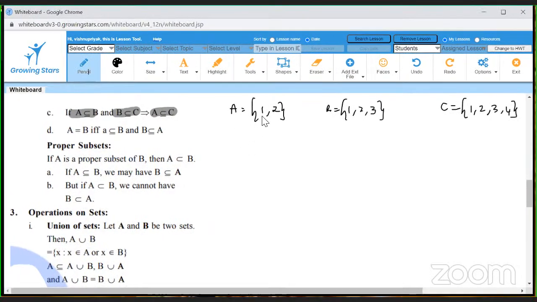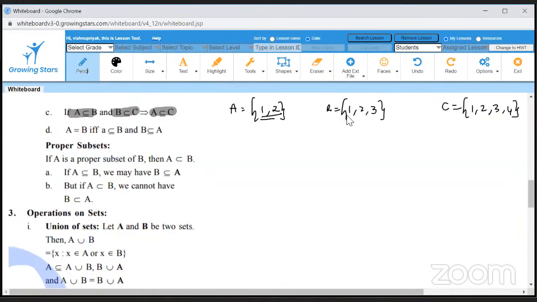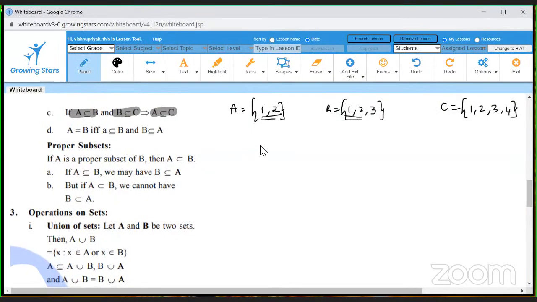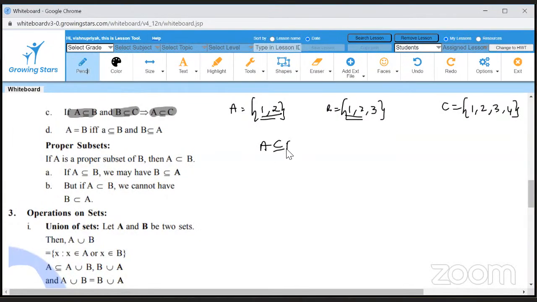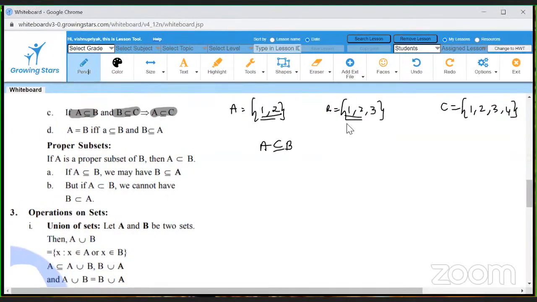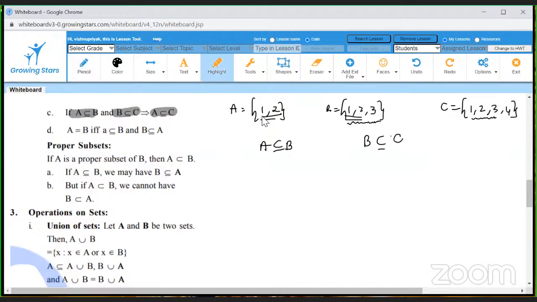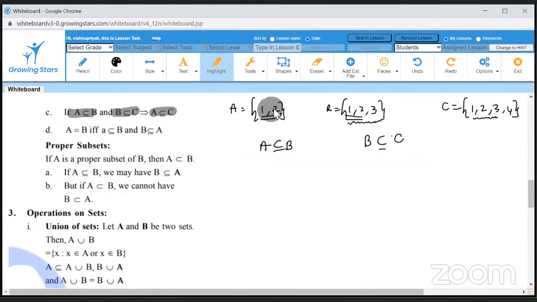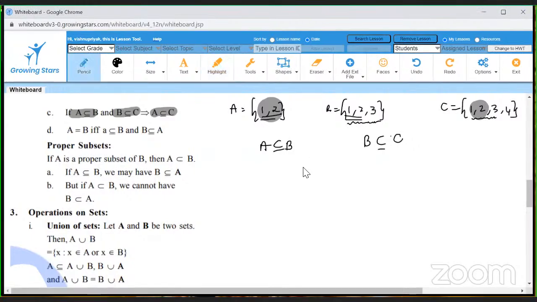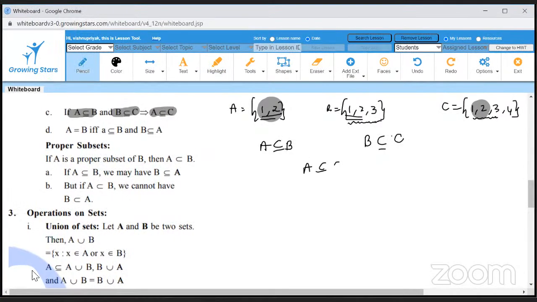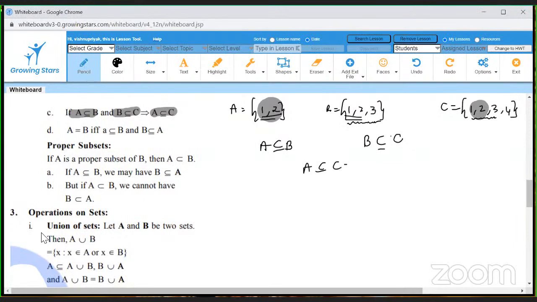All the elements of A are present in B, that's why A is a subset of B. Next, all the elements of B are present in C, so B is a subset of C. And then all the elements of A are present in C. That means A is a subset of C. This is what they say.